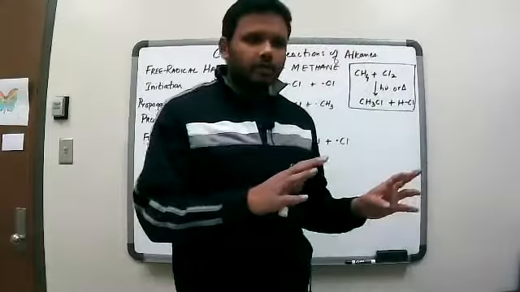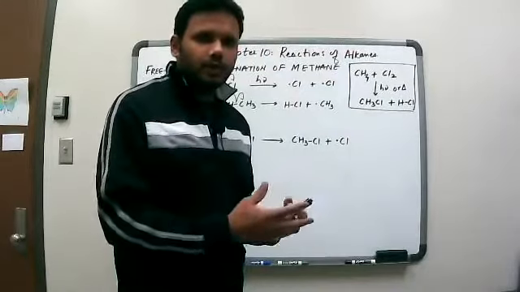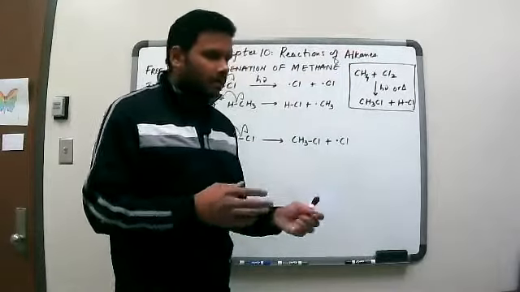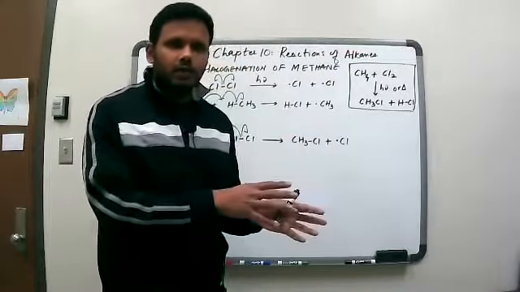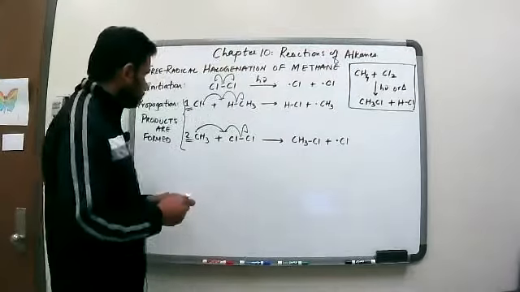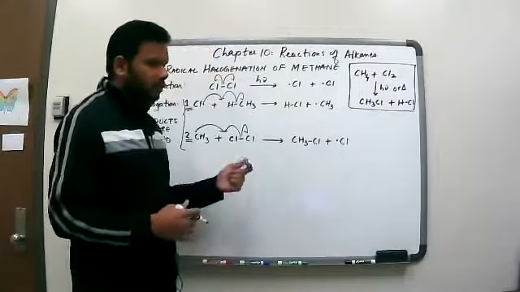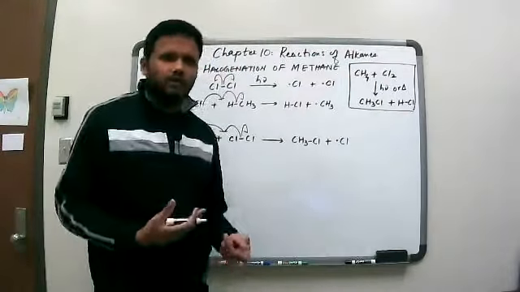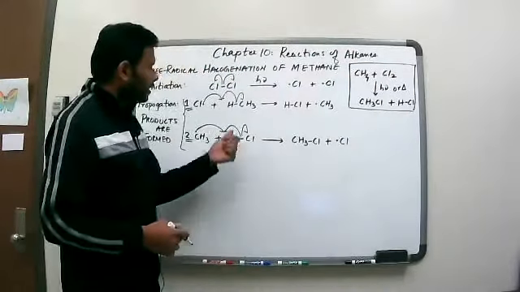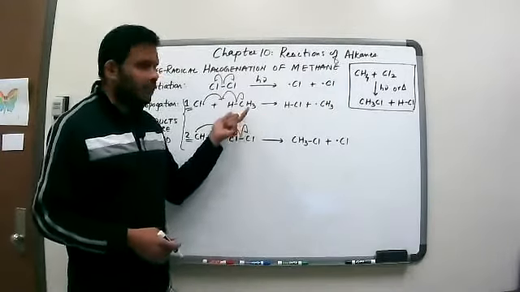But I'm going to use the values from a different textbook, which is the Wade's textbook, and I will post that table on Blackboard. So then you will have access to the table. Based on this bond dissociation enthalpy table, I can find the bond dissociation enthalpy for each of these bonds.